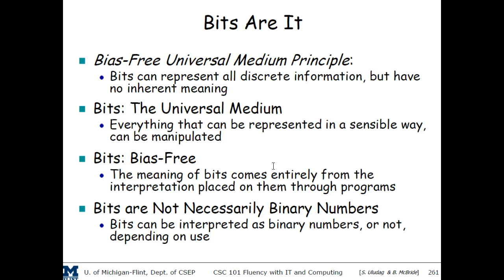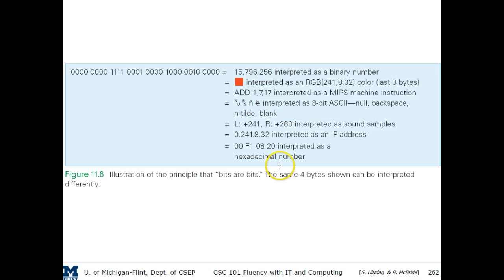So again, the universal medium is that everything can be represented in a sensible way and then can also be manipulated. The meaning of bits comes entirely from the interpretation placed on them through our programs, and bits can be interpreted as binary numbers or not, depending on how they're being used.